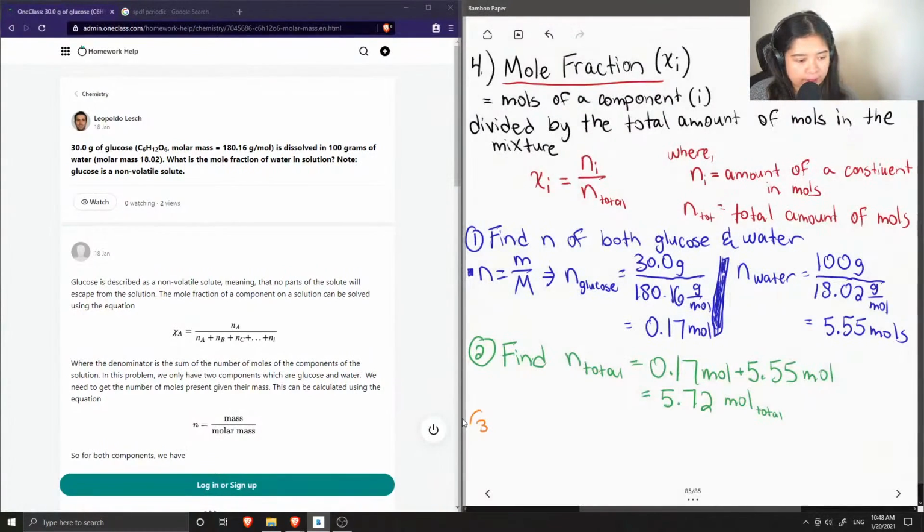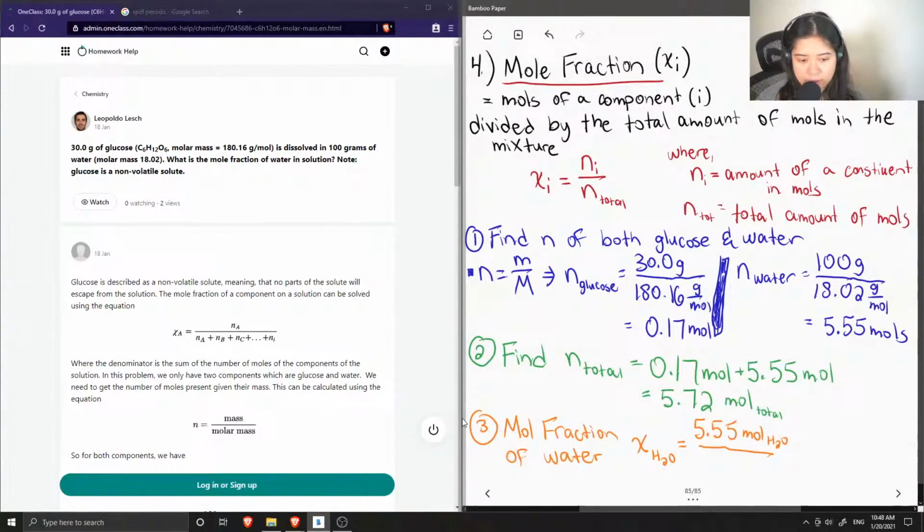And finally, we have everything we need to calculate the mole fraction of water. So X of water is equal to the number of moles of water, which was 5.55, and we divide this by the n total, which is 5.72.